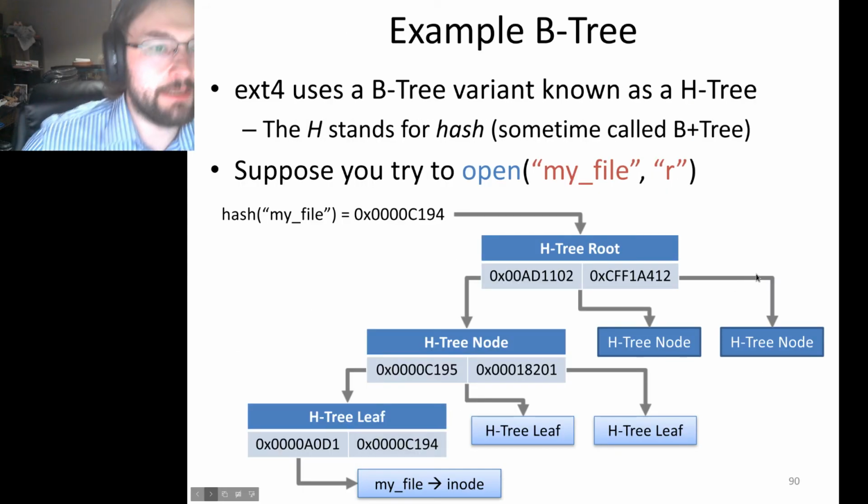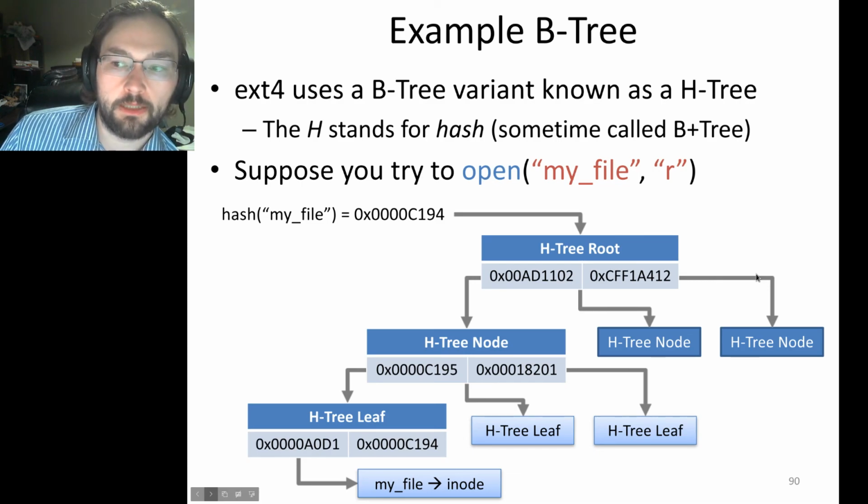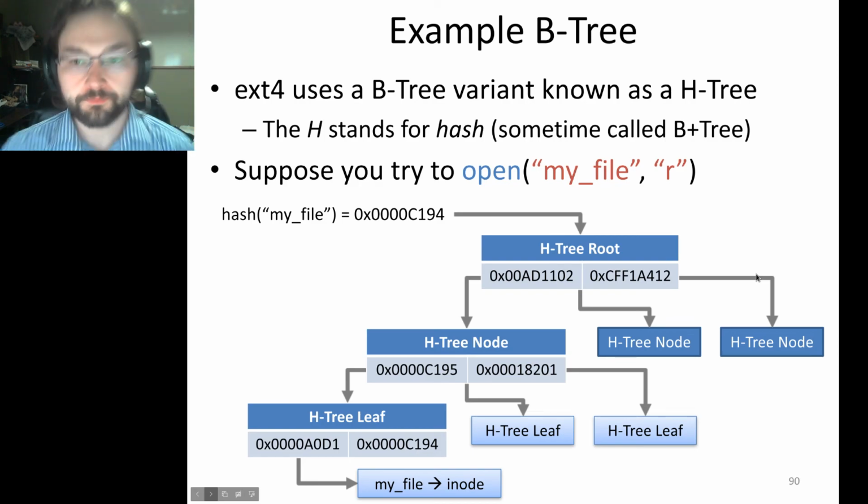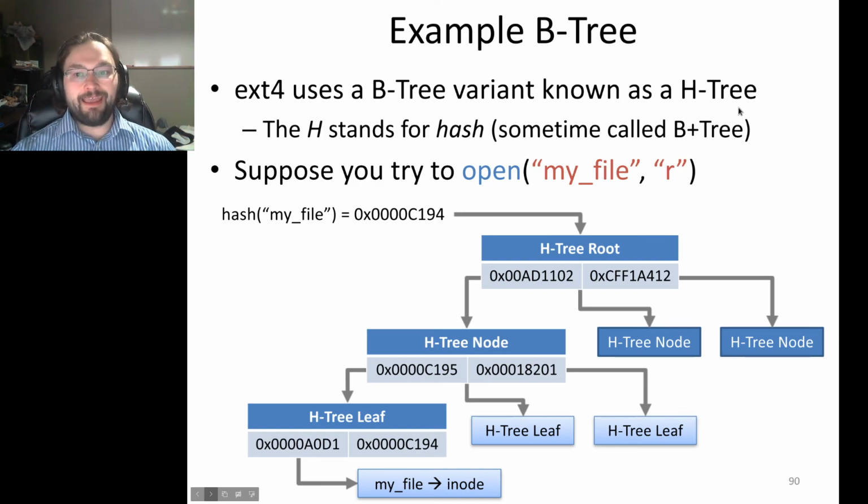Now, in ext4, we're actually using a clever data structure called a hash tree, or an H tree, which is the hash tree variant of a B tree.